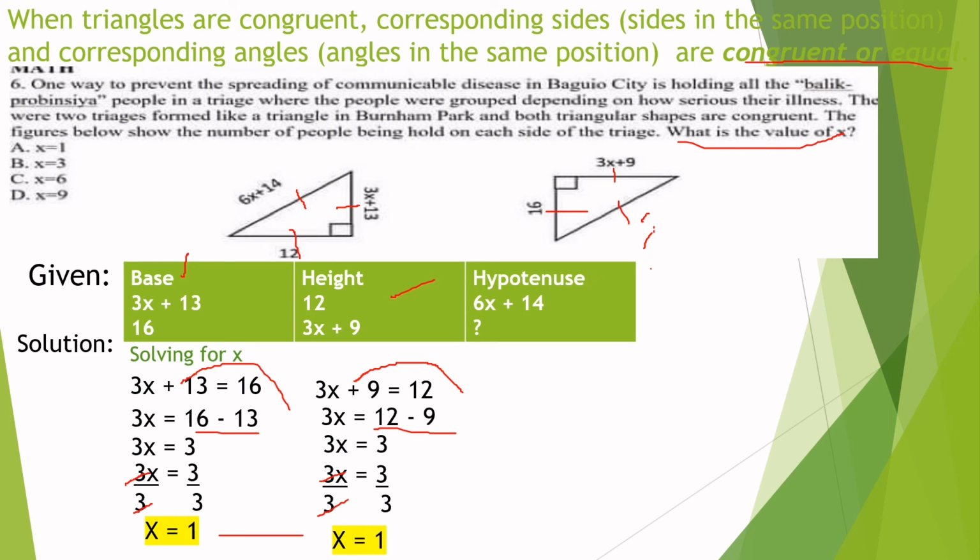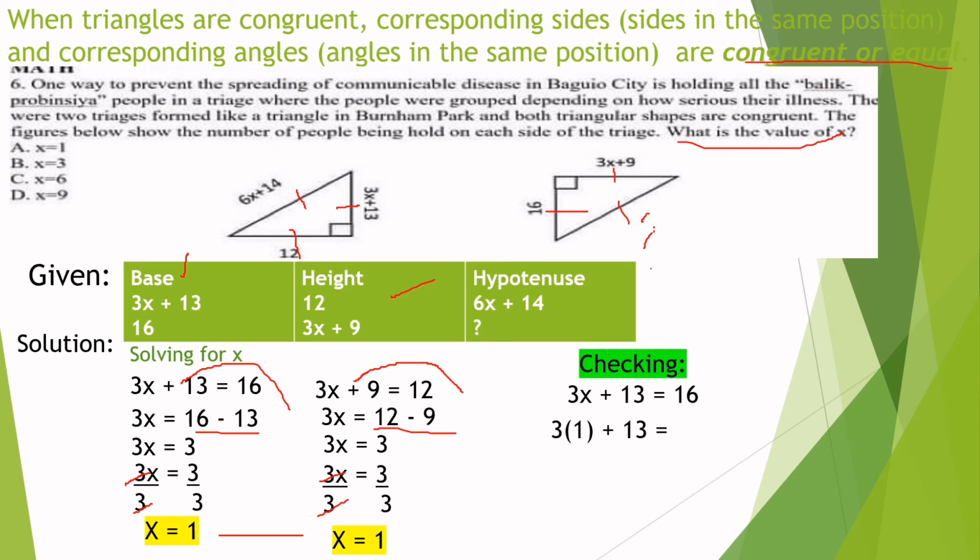And how do we check if our answer is correct? So for checking, simply choose one of these equations, either the base or the height, and then substitute the value of x. So we have now 3x plus 13 is equal to 16. Then substitute the value of x.